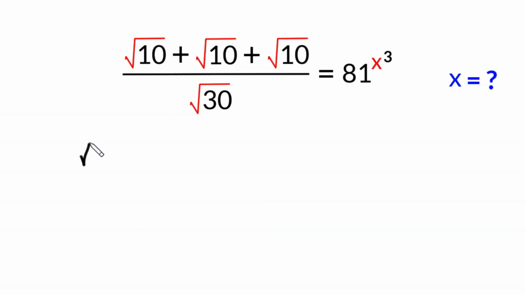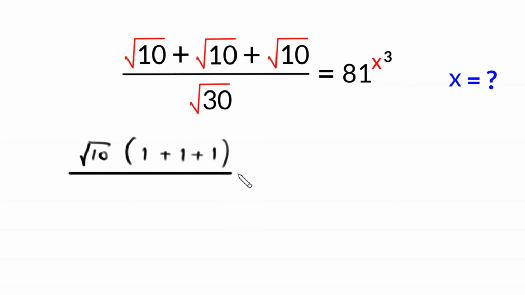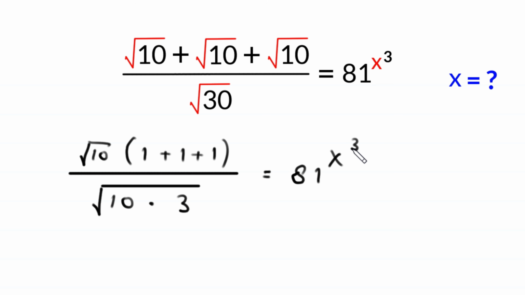So root 10 as common factor, in bracket we left with 1 plus 1 plus 1, divided by this root 30, which can be written as the square root of 10 times 3, equals 81 to the power x cubed.